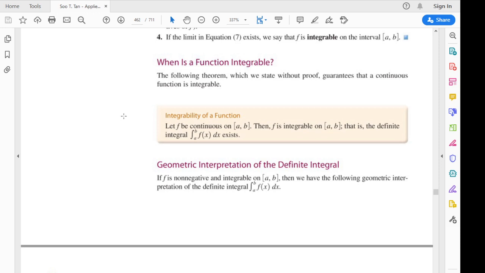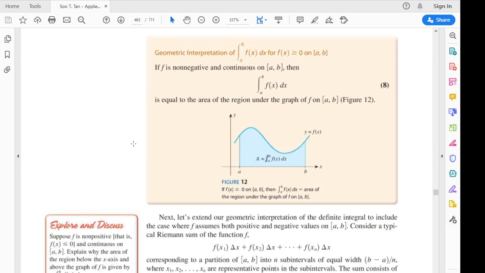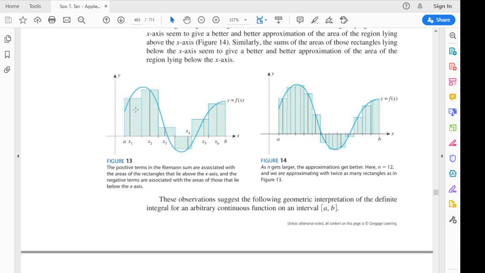And then the function is going to be integrable as long as the integral is defined and exists. We're not going to be dealing with the geometric interpretation at all. But the basic idea here is, again, you're looking at these rectangles with some point on the rectangle hitting the curve so that you have a defined height.